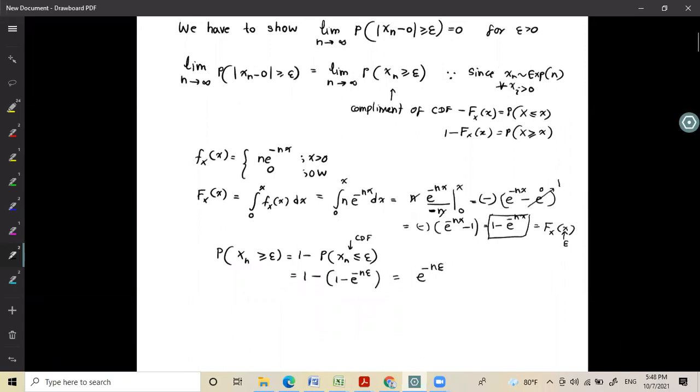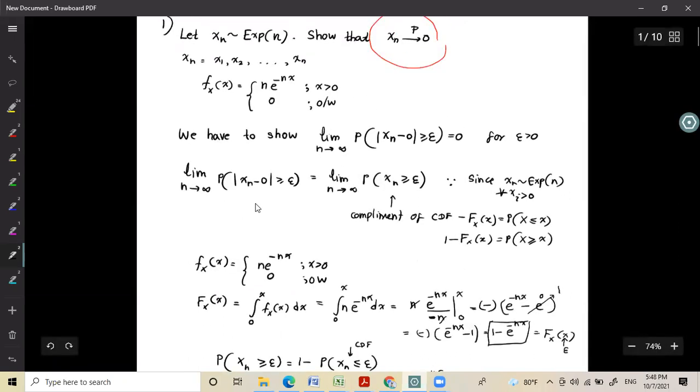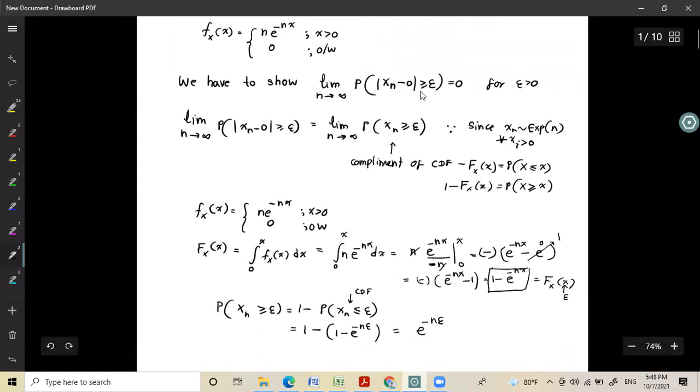So you have to show convergence in probability. We start with what we want to show. We want to show that the limit as n goes to infinity of the probability |Xn minus 0| greater than or equal to epsilon equals 0. Since we have just minus 0, you can write the probability Xn greater than or equal to epsilon, omitting the absolute value because we know the x's are all positive. This is the complement of the CDF.